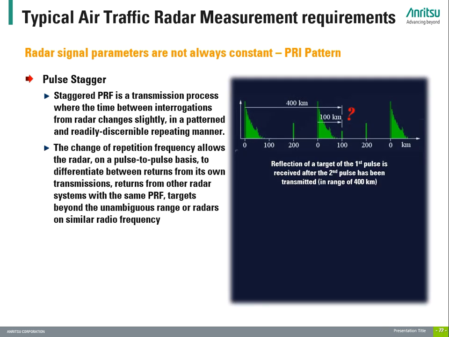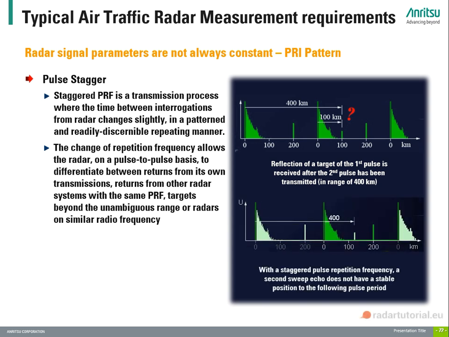The change of repetition frequency allows the radar on a pulse-to-pulse basis to differentiate between different returns from its own transmission systems, returns from other radar systems with the same PRF, targets beyond the unambiguous range, or radars on similar radio frequency.